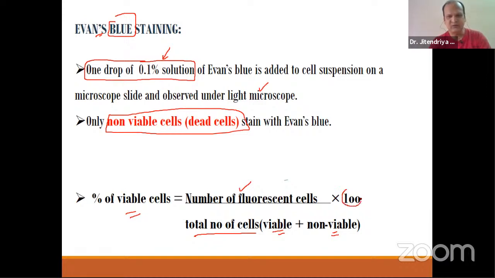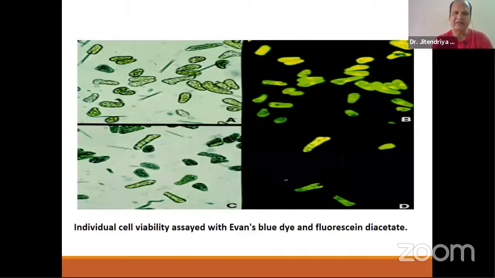Now the question comes, why is there a need for this, or how can you determine these fluorescent cells? This can be done by FDA, that is fluorescein diacetate. Here you mark this green part or fluorescent part, those were the survival ones, whereas the rest of the parts, these blue dots, were stained by Evans blue.